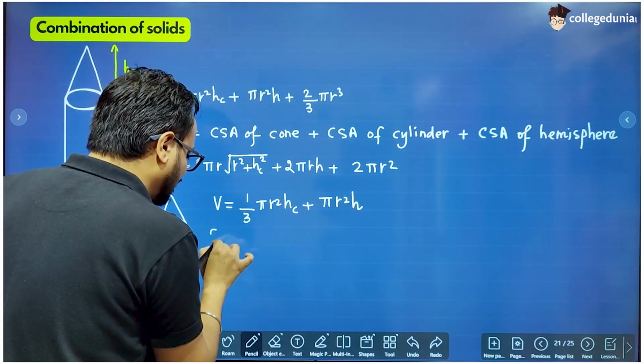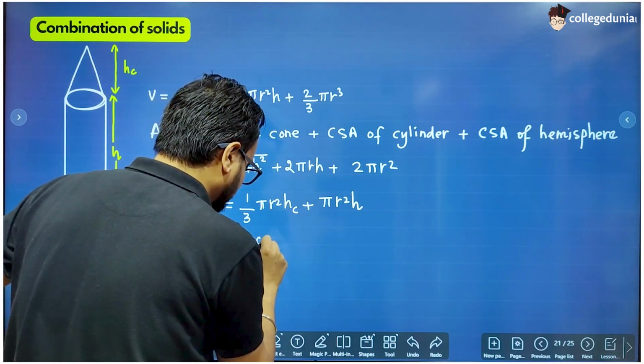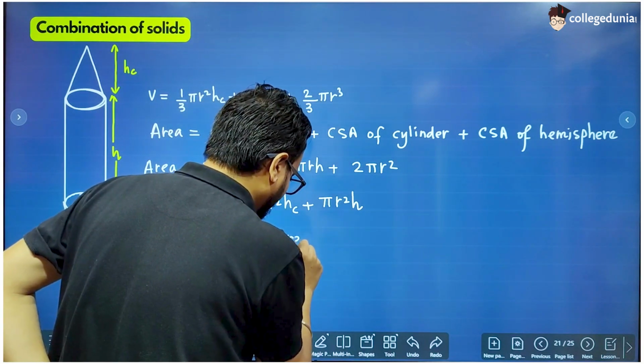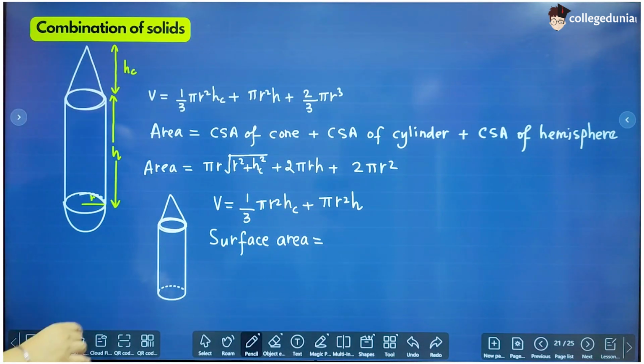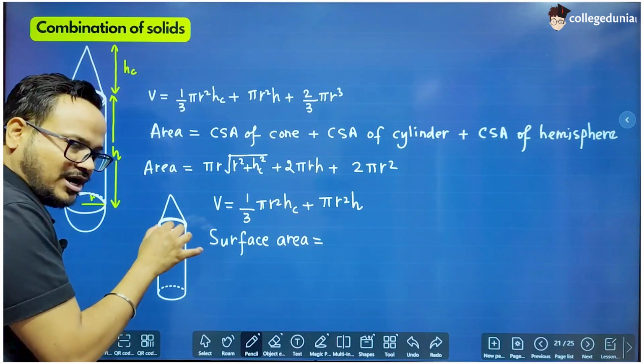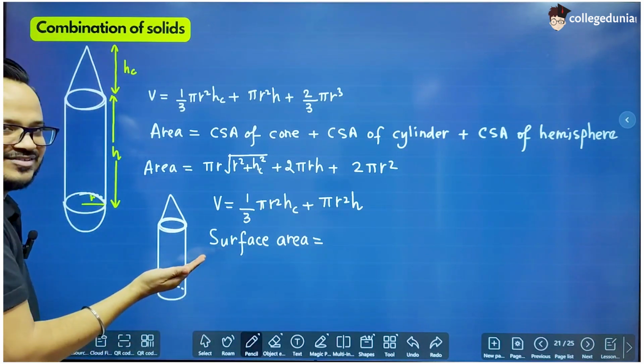But what about the surface area? Now the exposed parts of this solid are the curved part of the cone, the curved part of the cylinder, and the base of the cylinder.